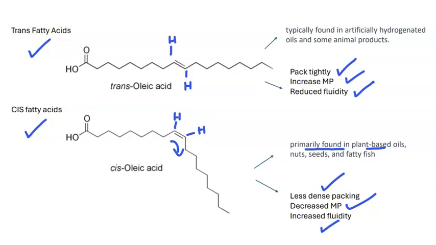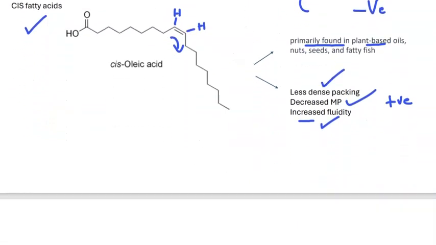In broad terms, this reduced fluidity of the trans fats is associated negatively with foods in terms of their health benefits, whereas where we have increased fluidity, the cis fatty acids are generally associated positively with dietary fats. So the trans are generally thought of to be not good for you to eat, but the cis fatty acids are.